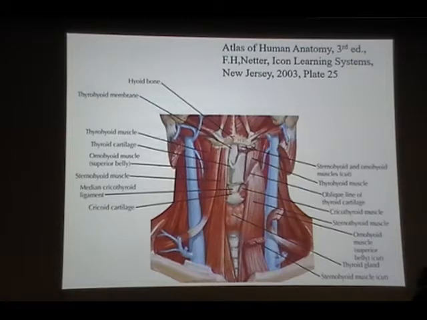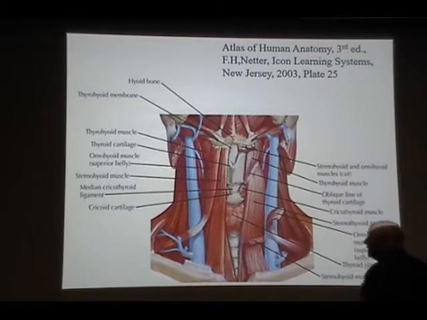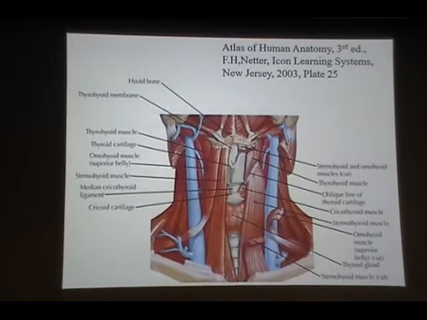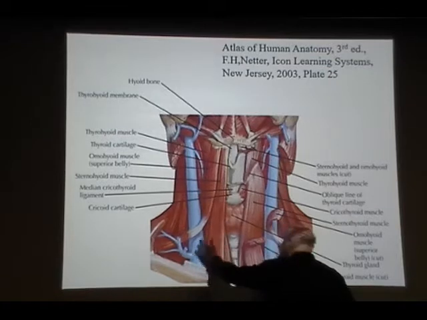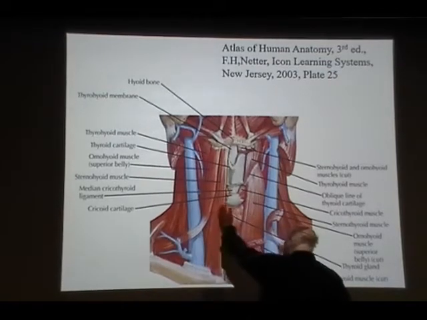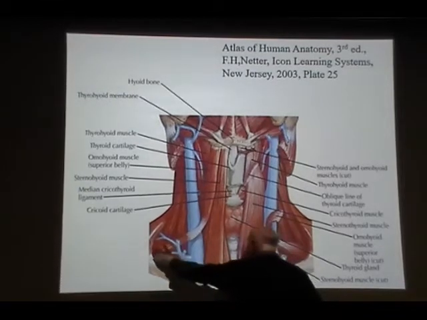So: sternothyroid, thyrohyoid, sternohyoid, and then this two-bellied muscle, the omohyoid, which travels over the carotid sheath but under the sternocleidomastoid muscle.